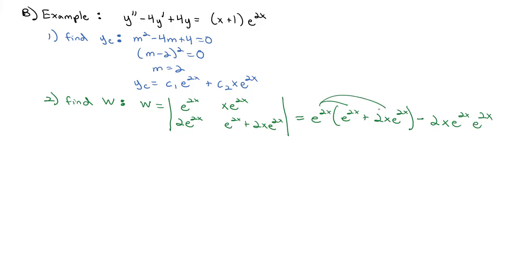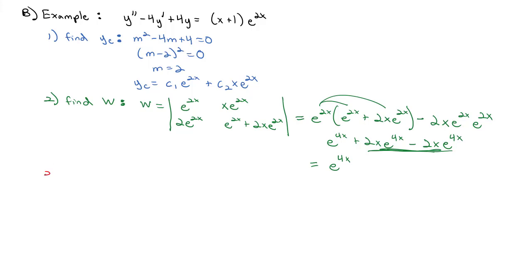And simplifying by distributing, we have e to the 4x plus 2x e to the 4x minus 2x e to the 4x when I add the exponents. Well, that's nice because those two terms add up to 0 at the end, and so my Wronskian is just equal to e to the 4x.